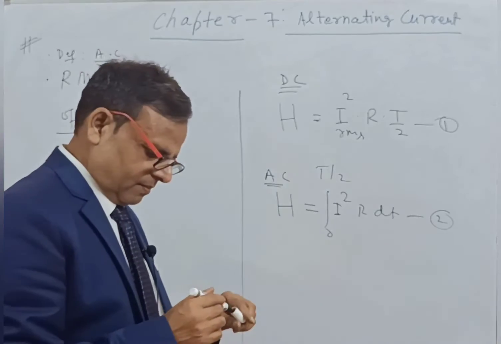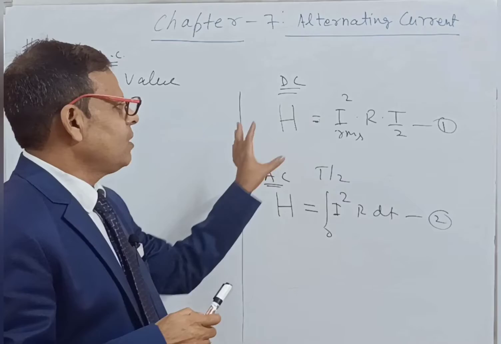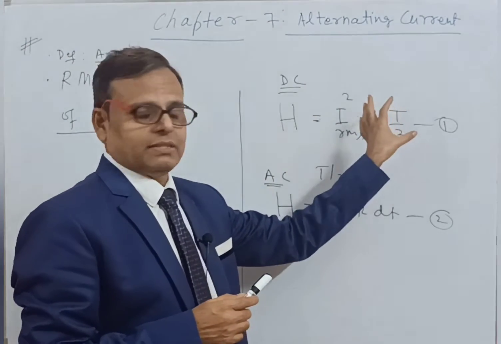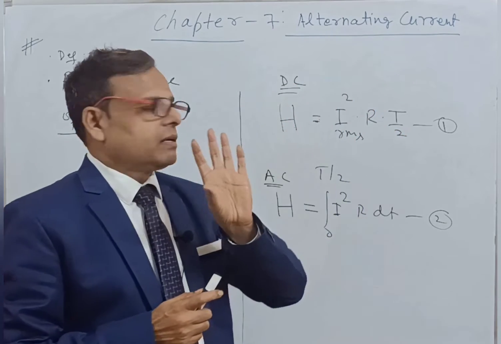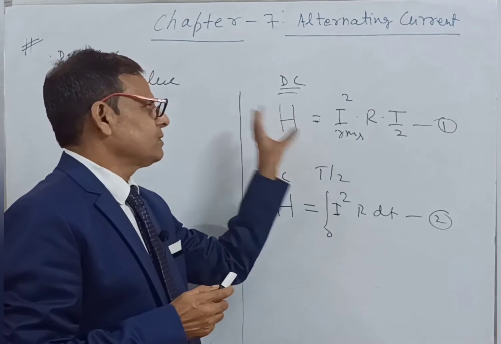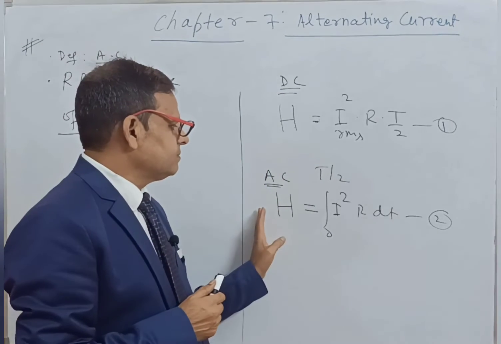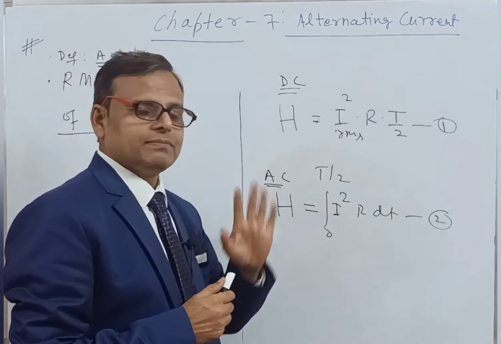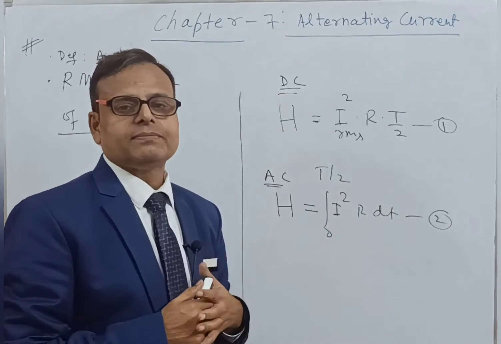Again, I will explain it. The amount of current that passes through DC generates the same amount of heat as when, for the same resistance and the same time, the current passes through the AC.